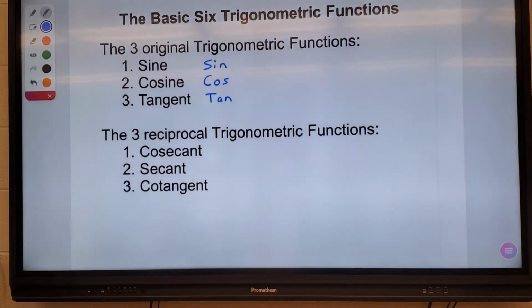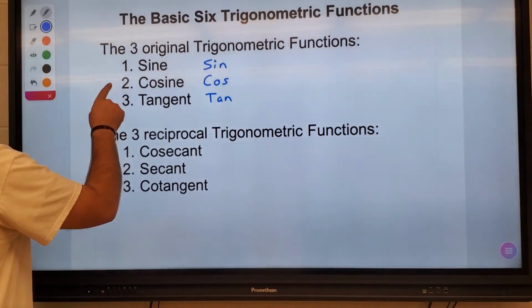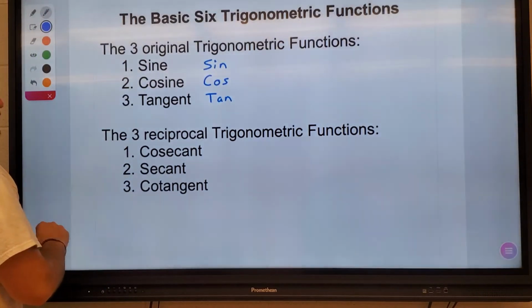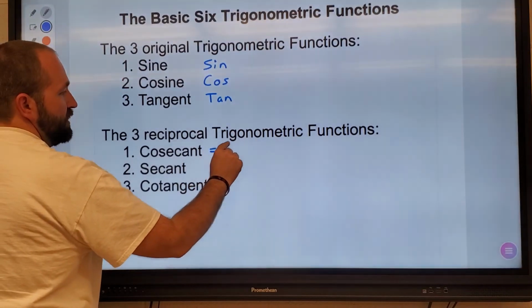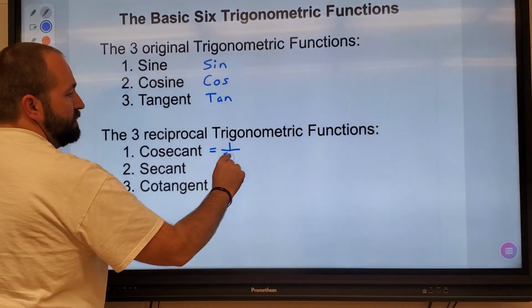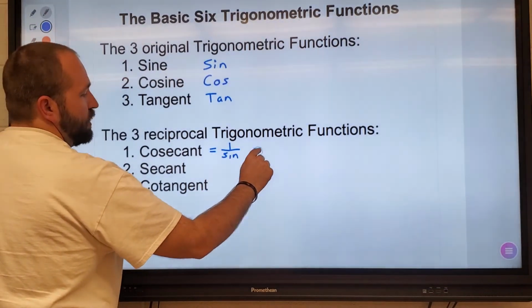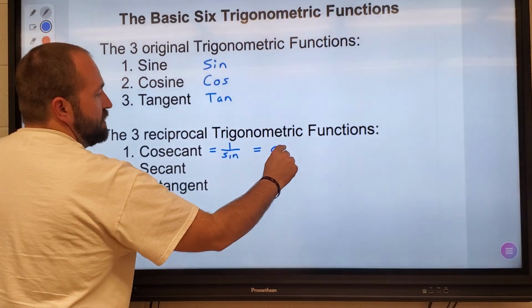The 3 reciprocal functions you have not seen, however. Those are, again, the reciprocals, which means you have 1 over sine, or 1 over cosine, or 1 over tangent, okay? Those are going to be denoted as cosecant. That is 1 over sine. That's why they're labeled 1 and 1. So this is the same thing as saying 1 over sine, which we're going to write as CSC.